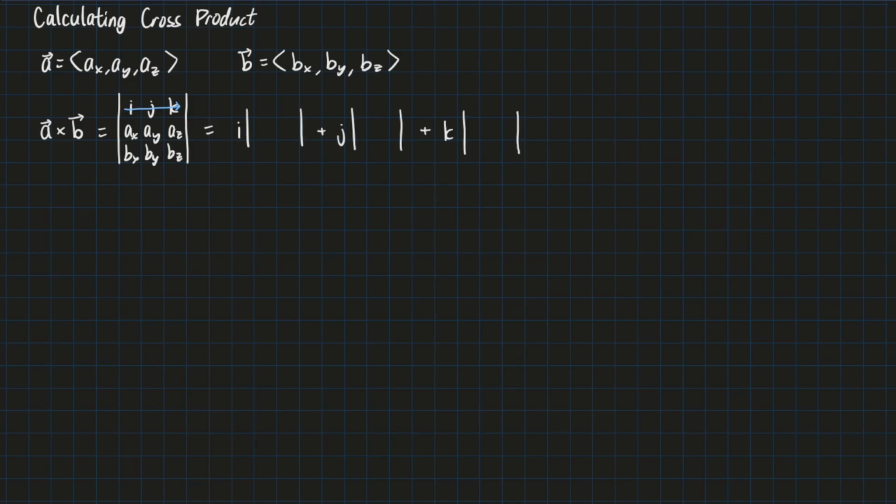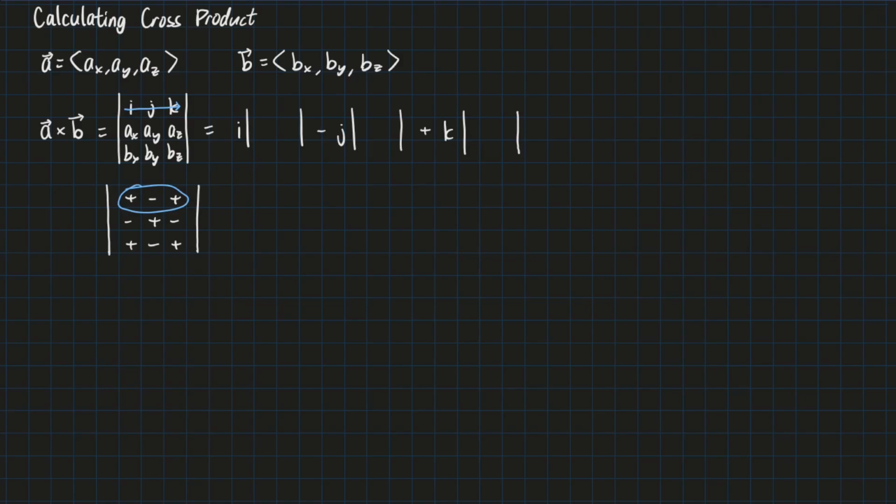Now, when solving 3x3 determinants, there is a pattern of plus, minus, plus, minus, plus, minus, plus, minus, plus. Since we're choosing the top row, it's plus, minus, plus. So this means that the j would have a minus sign right here.